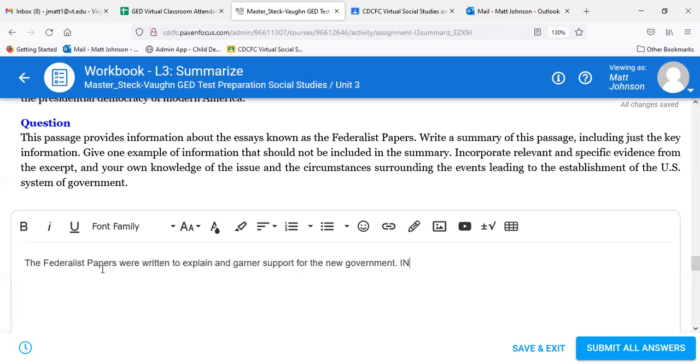In Federalist number 37, James Madison explains how the new government was formed.